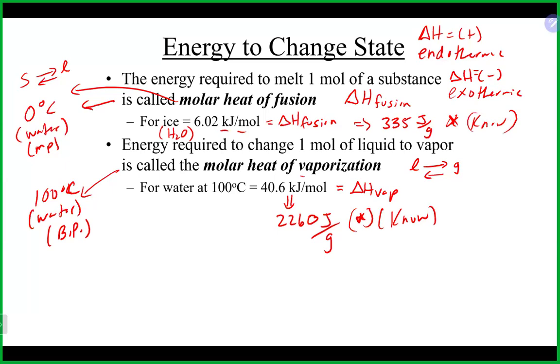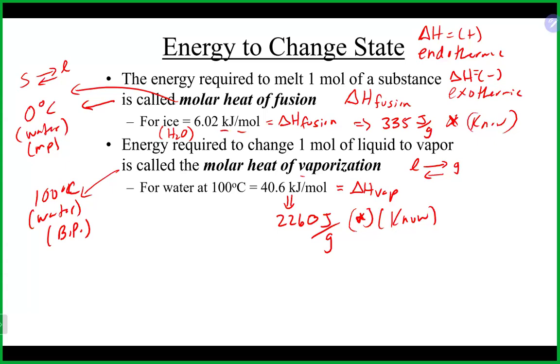It is also important to remember that although we see these numbers a lot, and a lot of times we deal with water in these examples, if the substance you're dealing with is not water, these numbers would not apply. If you're dealing with some other substance, it will have different heats of vaporization and fusion. It will also have different melting points and boiling points.